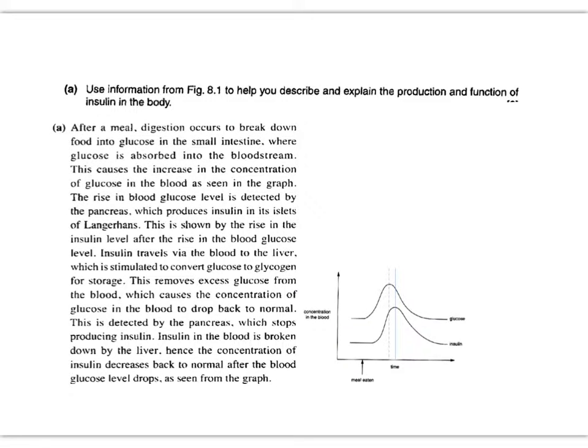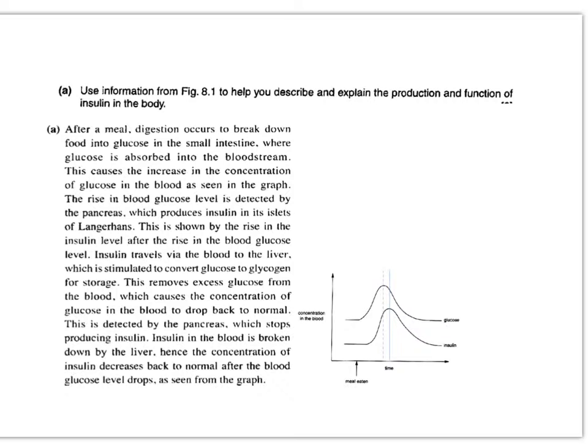Using the information, describe and explain the production and function. So the cascade or mechanism is as such. Tell me why glucose increases. Because after a meal, there is digestion and absorption. Once the blood glucose is detected, the hypothalamus actually signals the islets of Langerhans in the pancreas to secrete. So this part you need to take note of.